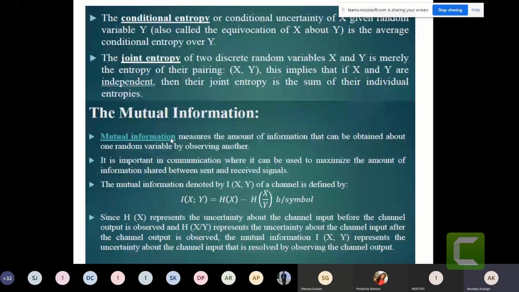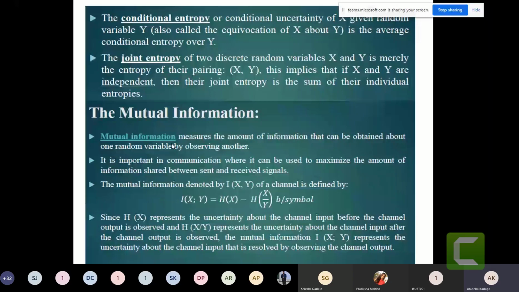In the same way, at the receiver there is uncertainty whether the first transmitted symbol is always received as the first received symbol. That's why on the channel we have to check the mutual information between the transmitter and receiver, and according to that we check the amount of information transferred from the transmitter to the receiver.